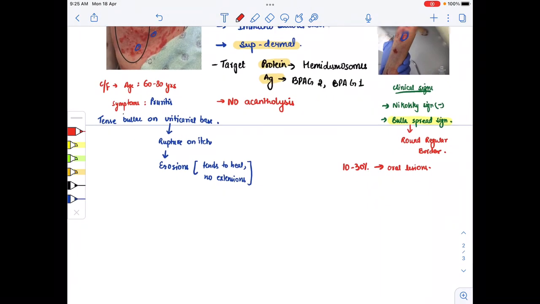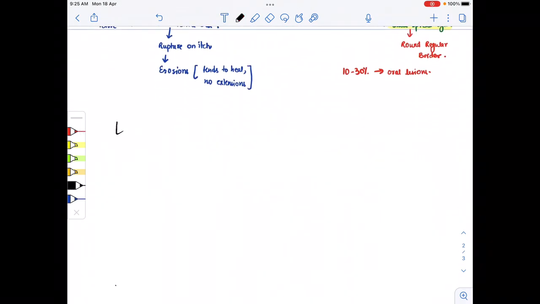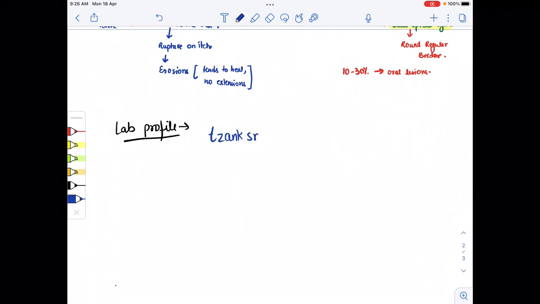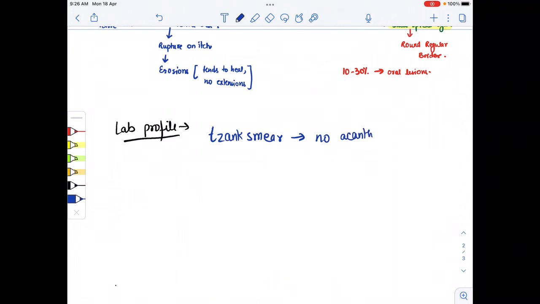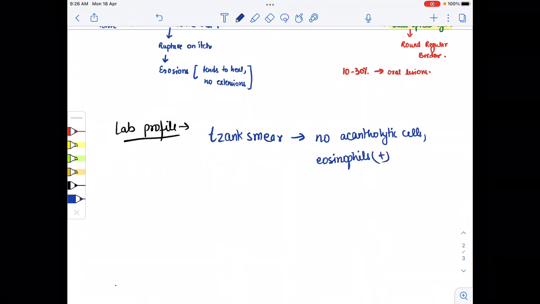Now in the lab profile, what we have to see is the Tzanck smear test. In the Tzanck smear there are no acantholytic cells, but eosinophils are present.